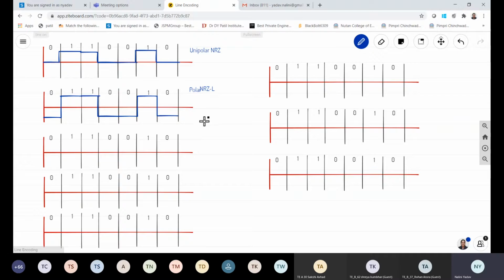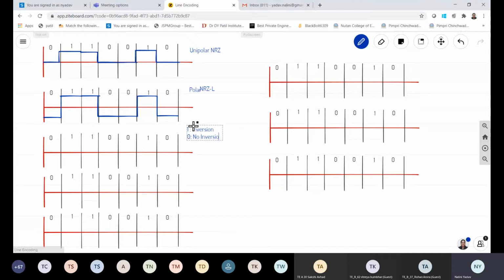Right. So for polar NRZ-I, what do I have to decide? I have to decide the scheme. Suppose there is a 1, then do inversion. Is the scheme okay for all of you? And if there is a 0, then no inversion.